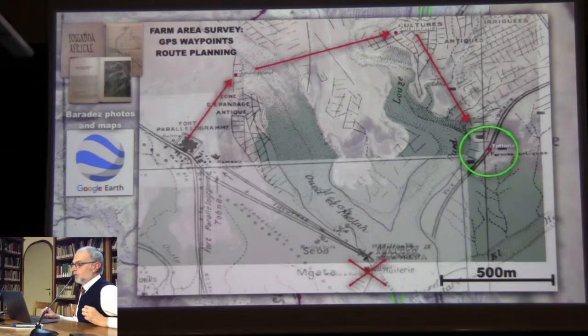And the final waypoint, I set at this precise point because it was on the track of the Roman road identified by Baradez and in the middle of these three constructions. So it seemed like the most promising point to go.